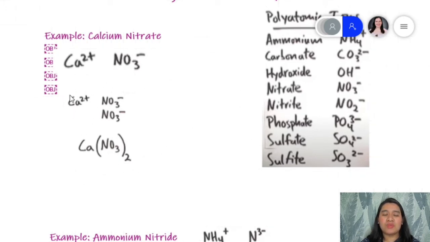How many calcium can you see? We have only one calcium, so Ca. Then parentheses. Why? Because this is a polyatomic ion. So NO3, how many NO3 can you see? We have 2, 1, 2. That is why we have a subscript of 2. So this is the chemical formula for calcium nitrate.